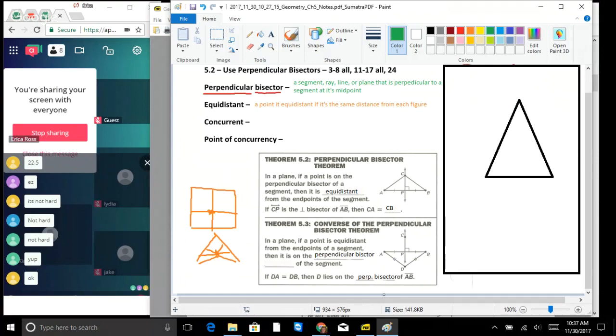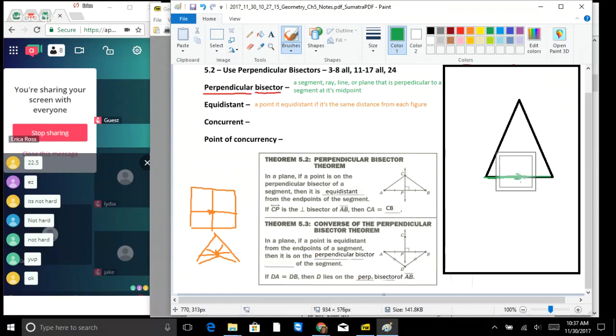The first theorem, 5.2, says, in a plane, if a point is on the perpendicular bisector of a segment. Okay, so what they're talking about is, let's look at the bottom of our triangle. Where is the midpoint of this segment of the triangle? The midpoint's right in the middle, right?